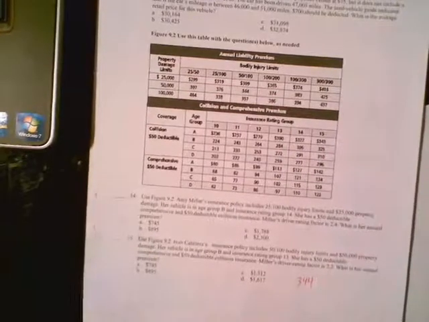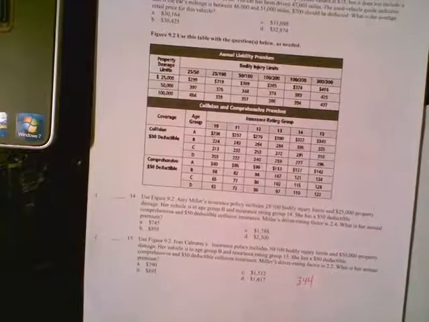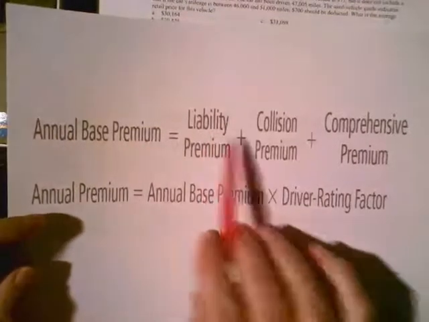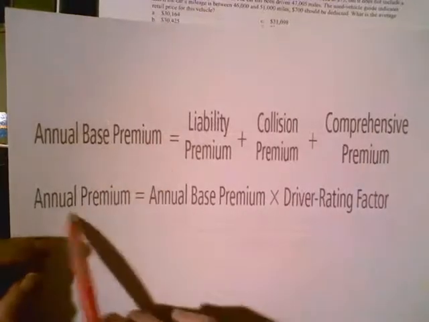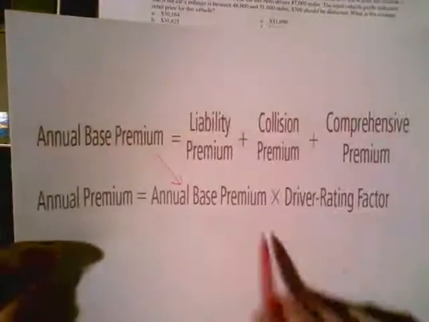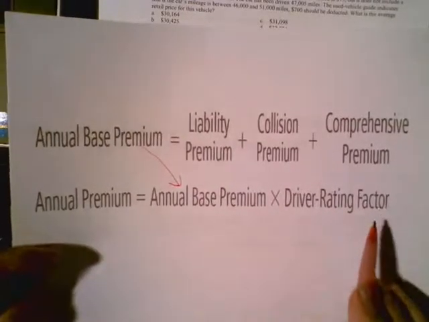On this, we're using this equation. The annual base premium, remember, is the liability plus the collision plus the comprehensive, and that's just the base. Then to get annual premium, you take that answer and you times it by the driver rating if they happen to give you that.